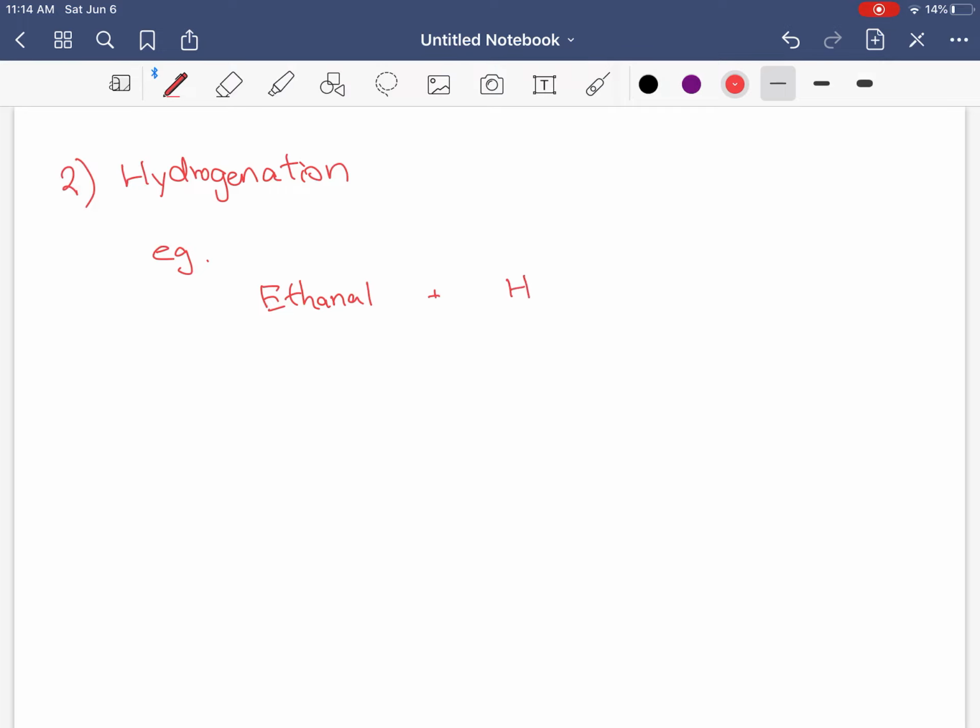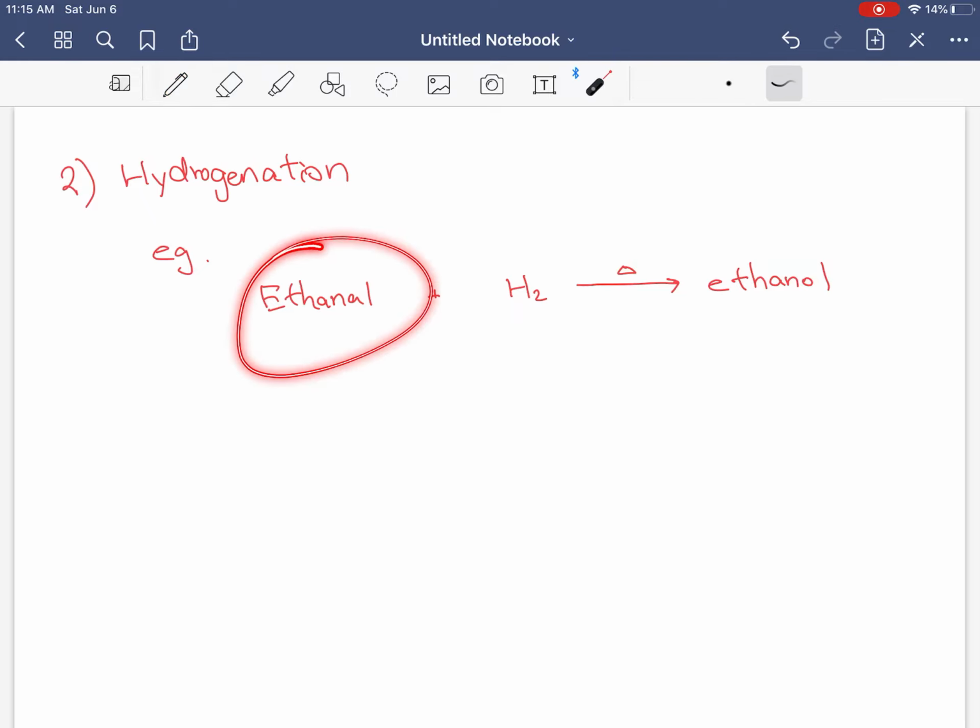If you react ethanal with hydrogen gas, with some heat involved, you're gonna get ethanol. Okay, so it's sort of like the reverse of oxidation, but it's not a reverse. It's not, because you're not taking ethanol and reacting it with water to get ethanal. So it's not a complete backward of what we saw with example 1.